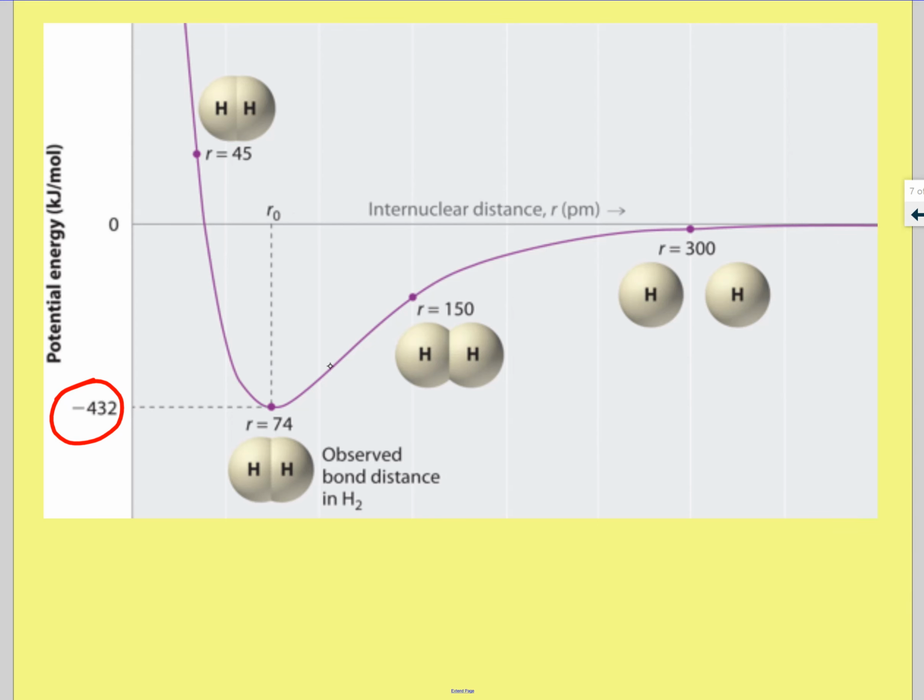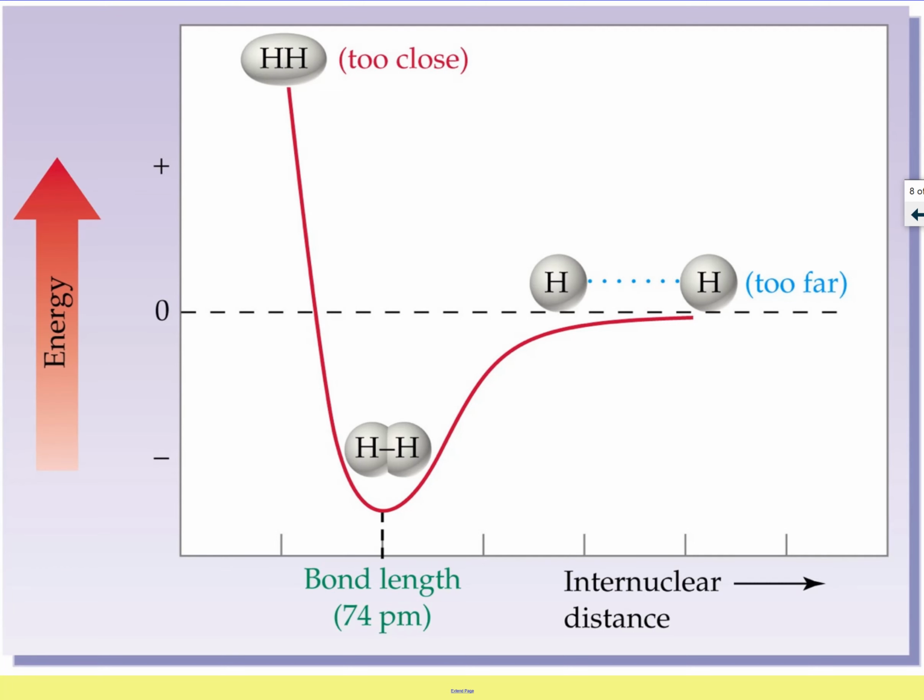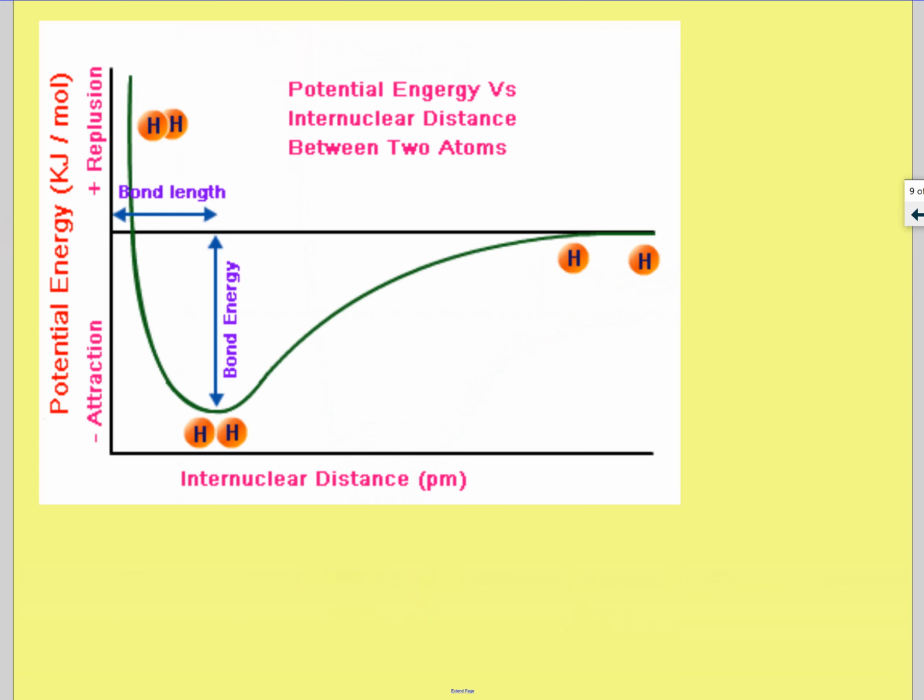And then we have our length, and our unit is picometers, 10 to the negative 12 meters. So really close together. So that's your bond length once again, and your bond energy.